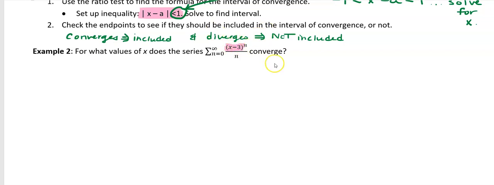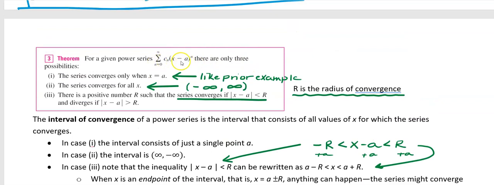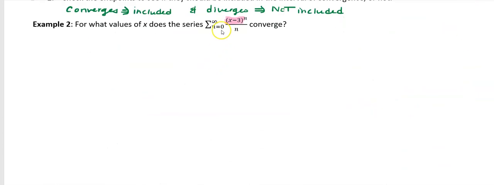If you notice the way in which our power series is written up here, x minus a is going to be the x minus 3 here, and so that is our center. That's telling us what we're centered at.